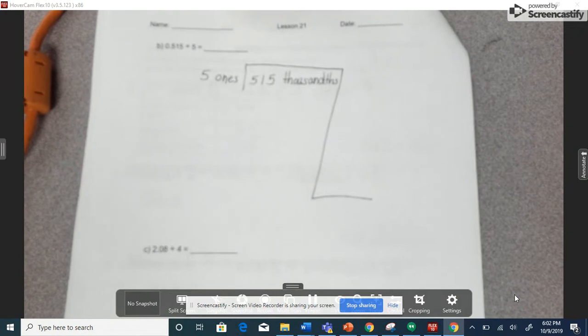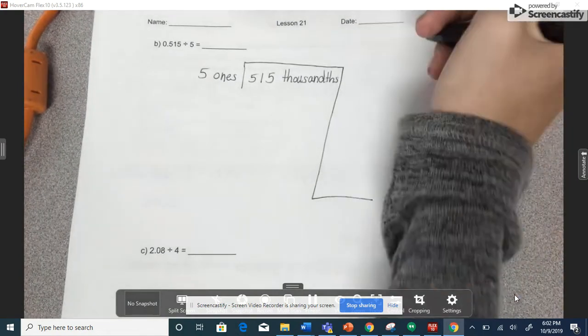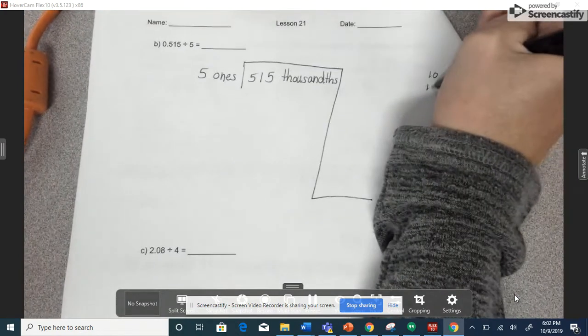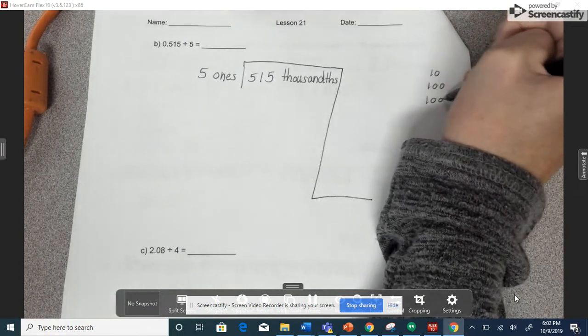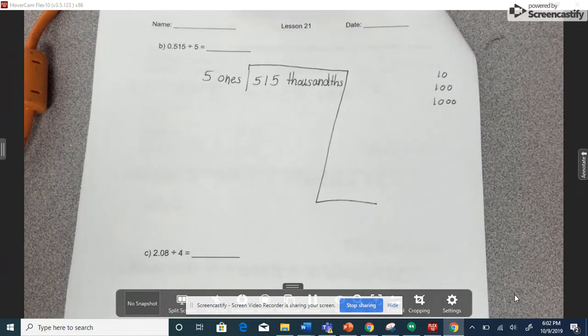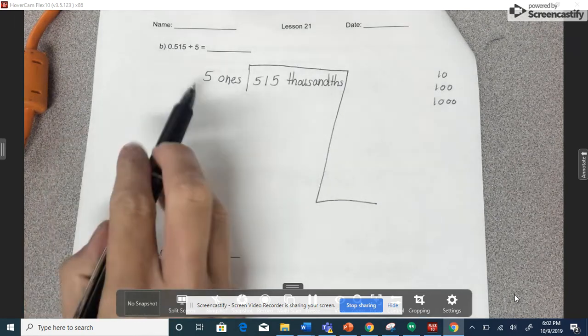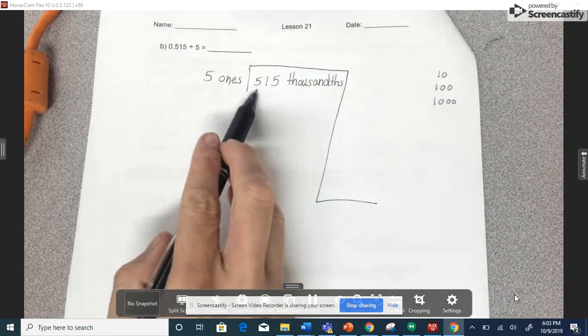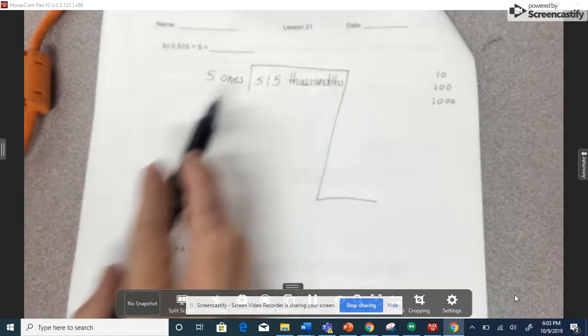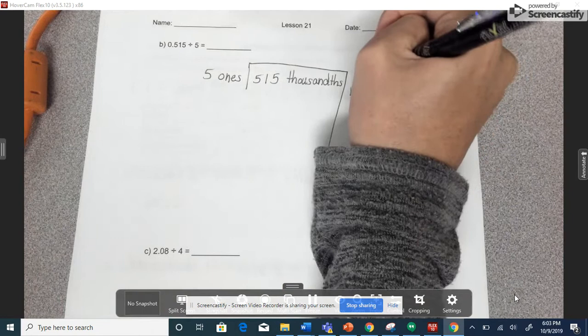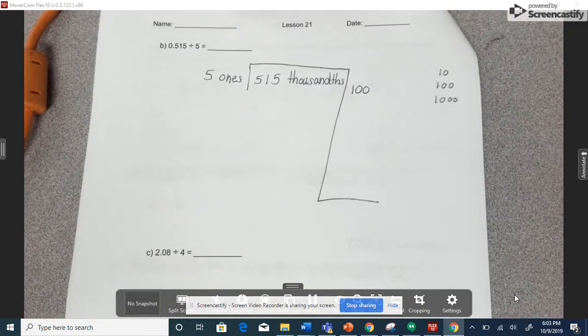So let's see. We want to think of multiples of tens, hundreds, and thousands. That's going to get us close to 515, but it doesn't have to be exact. I'm thinking, and I know that 5 times 100 is 500, and that's really close. So I'm going to put 100 over here. And I know that 5 times 100 is 500.